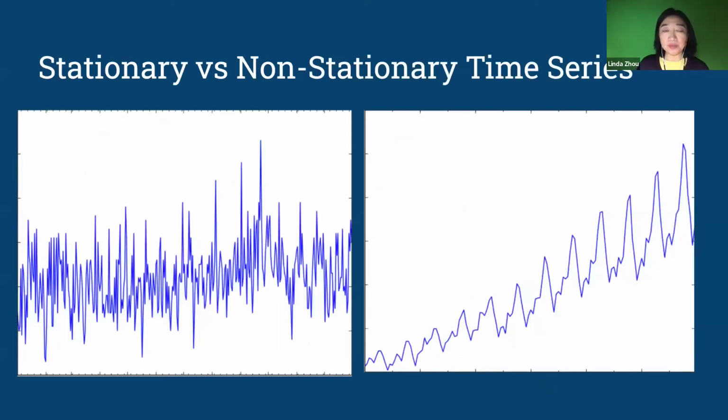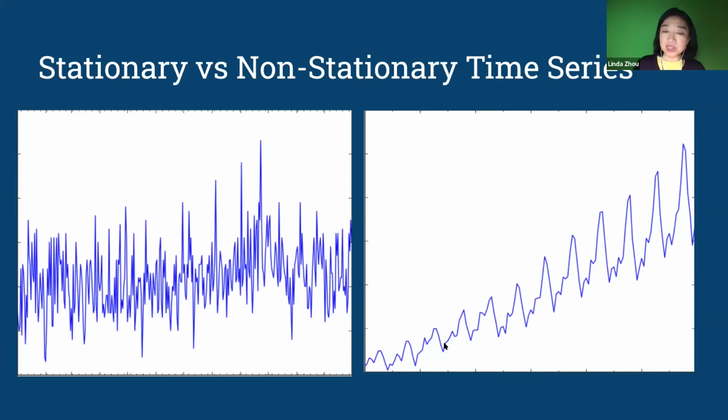This is a side-by-side view of stationary versus non-stationary. Stationary data looks like this: there's no pattern, it's just noise, but the base is still almost constant. If I can draw a line, the mean is right there.